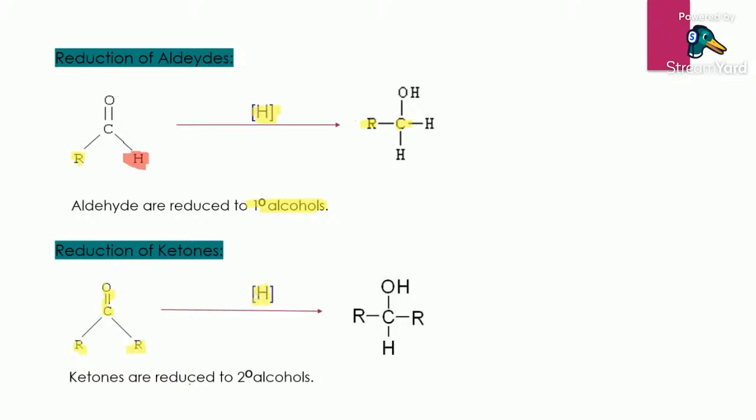This reaction produces a secondary alcohol because this carbon is attached to two more carbons. Ketones are reduced to secondary alcohols.